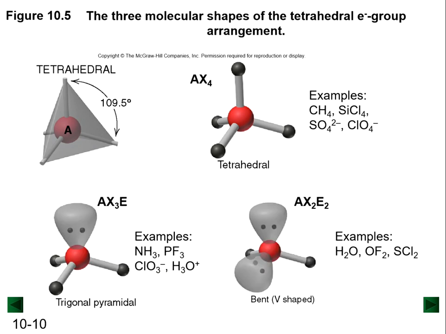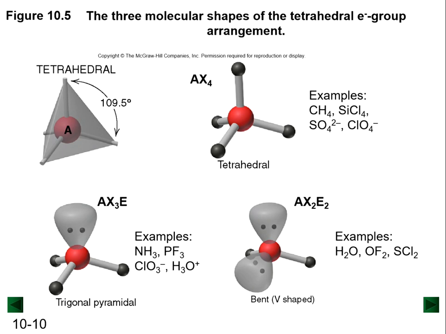Now we'll look at the tetrahedral or 4 electron group arrangement around the central atom. When we have 4 electron groups, they repel one another into a tetrahedral structure. And for AX4, if all 4 of the electron groups involve single, double, or triple bonds, then we have the tetrahedral molecular group as well.